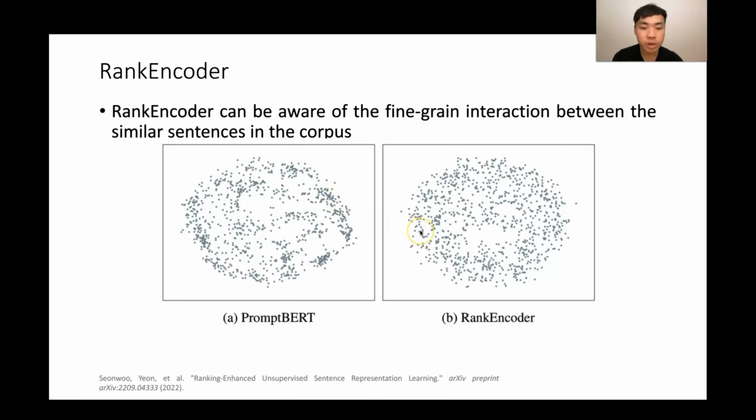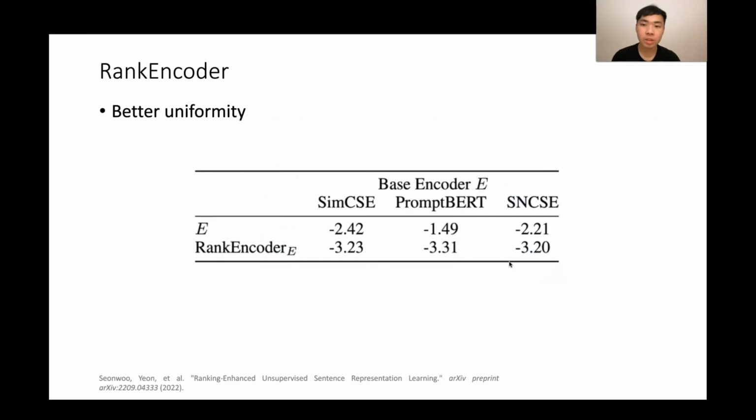However, because the Rank Encoder can be aware of the fine-grained interaction between the similar sentences, it can smooth out these clusters. So the embedding space of Rank Encoder will be more uniform. And you can see the uniformity of Rank Encoder is much better than all the other models after injecting this ranking information.